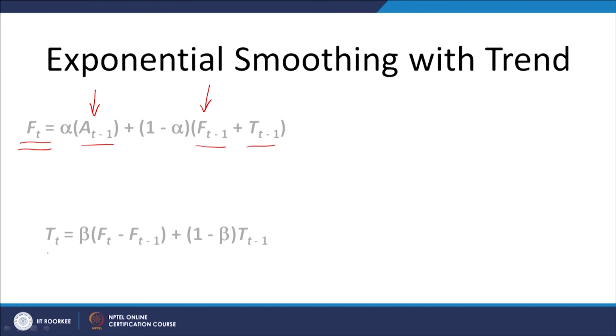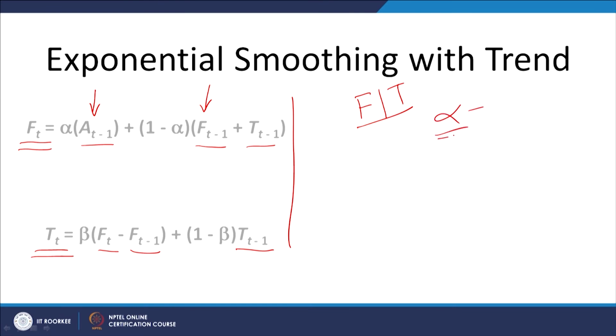Then the exponentially smoothed trend is calculated using the forecast of the current period, the forecast of the most recent period, and the trend of the most recent period. These are the parameters which are used. Apart from this, the approach of forecast considering the trend uses two coefficients.